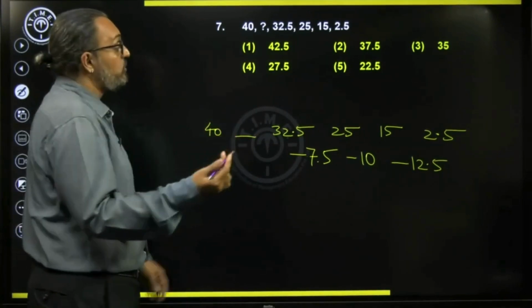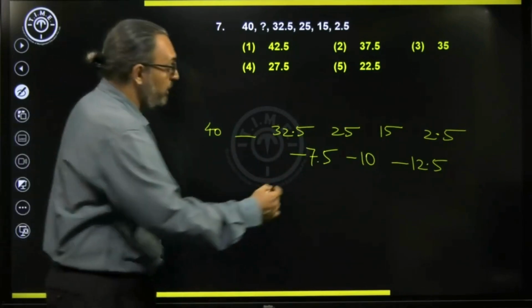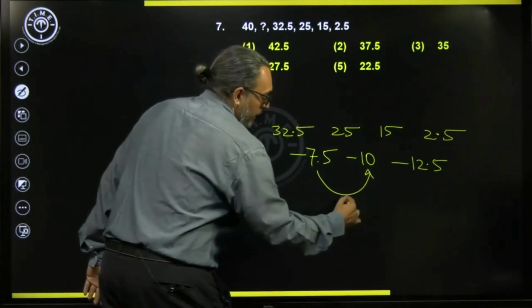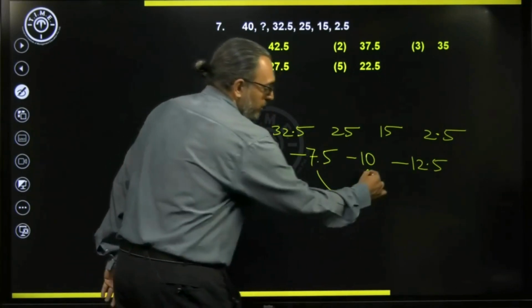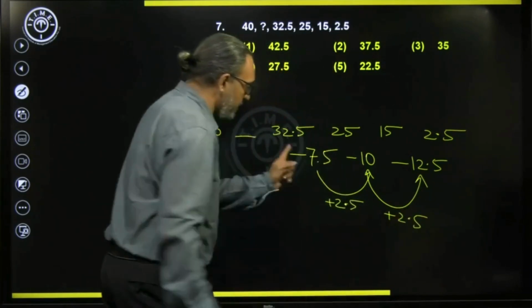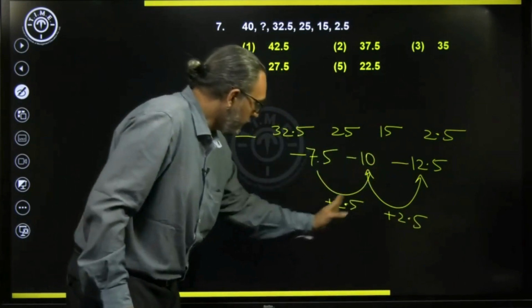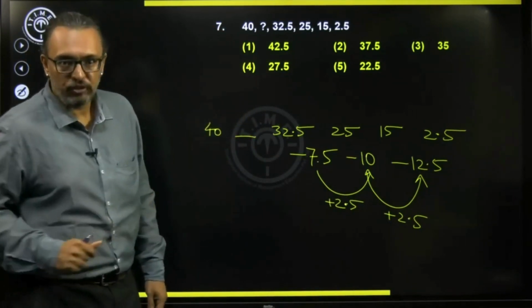Yes. So now see what is happening here. So in these differences, what is increasing? Here can I say it is plus 2.5 increase? Now here also can I say plus 2.5 increase? Even though the numbers are subtraction, the numbers are increasing in itself. Plus 2.5, plus 2.5 like that.